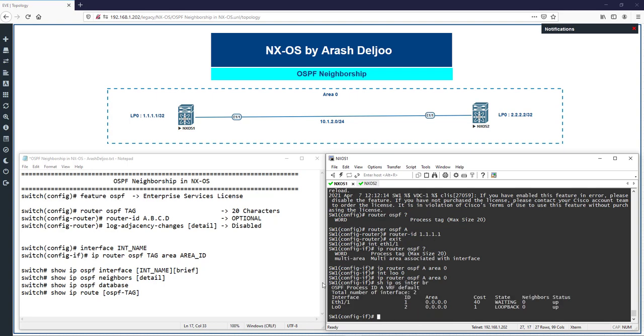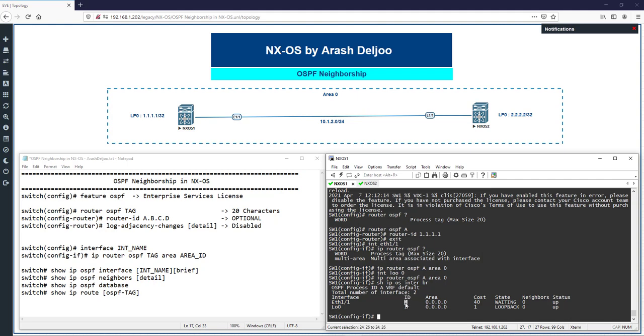As you can see, OSPF process A in the VRF default, the first VRF, is now enabled, and the total number of interfaces enabled in OSPF is 2. Those interfaces are Eth1/1 and also loopback 0. The ID is 1.